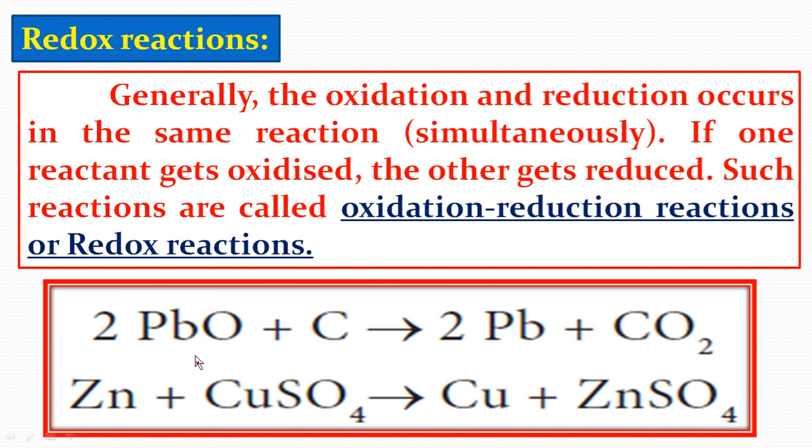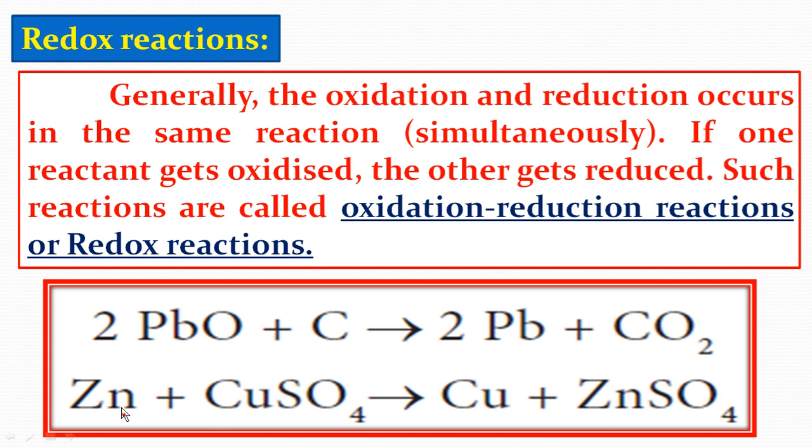PbO, lead oxide, combines with carbon to form lead Pb plus carbon dioxide. Here PbO is converted into lead Pb, removal of oxygen. Here carbon is converted to carbon dioxide, addition of oxygen. So in a reaction, both oxidation and reduction take place simultaneously. It is called a redox reaction.